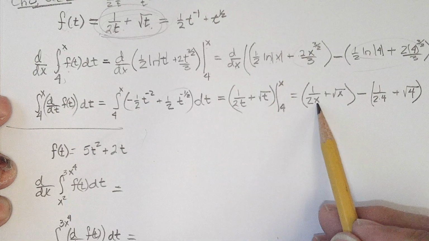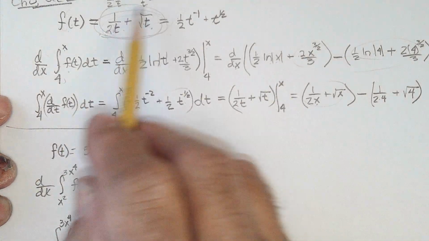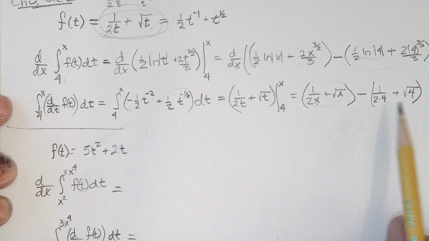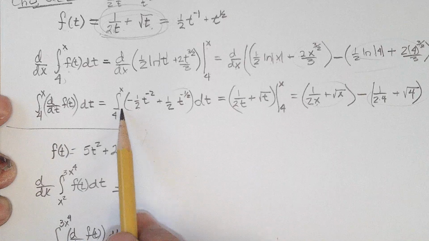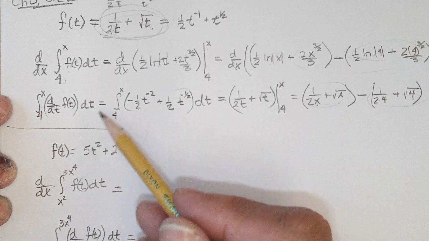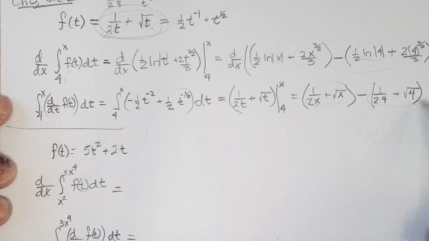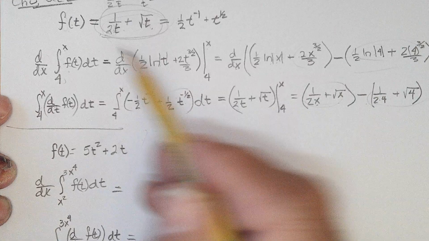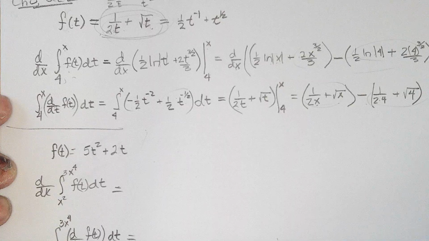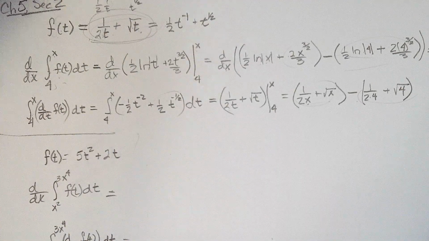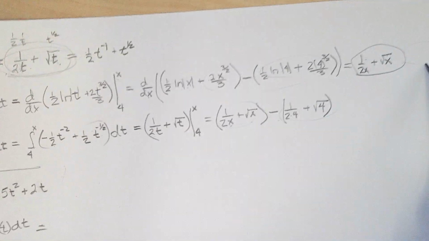Well, this part is the same as the original function, but I get the constant this time. When you integrate, you get the function plus a constant if you're putting in a constant. The constant disappeared when I took the derivative after I integrated it. No constant up here.